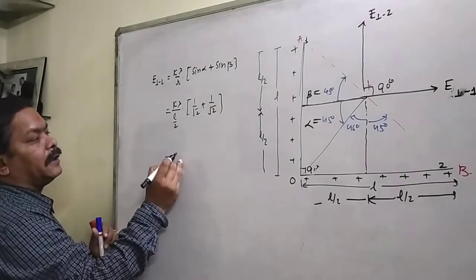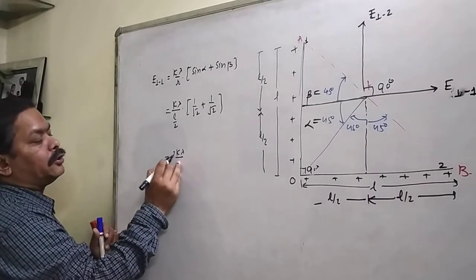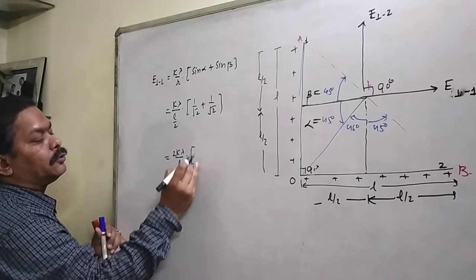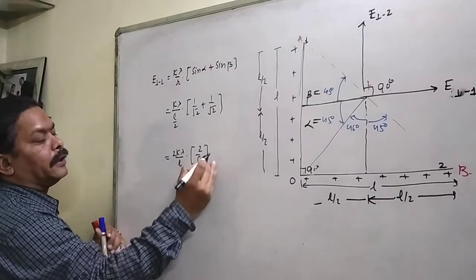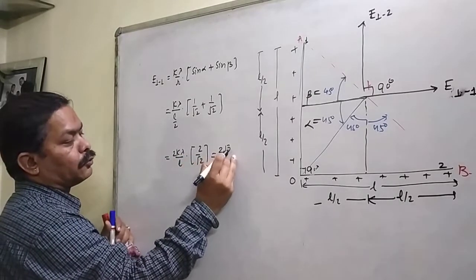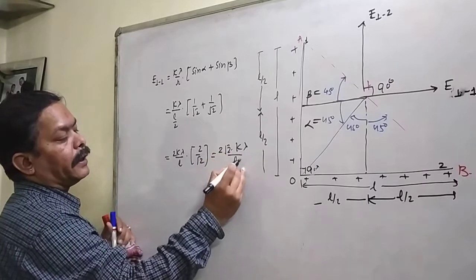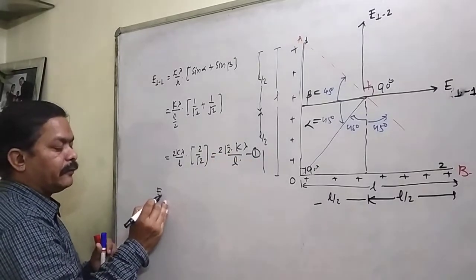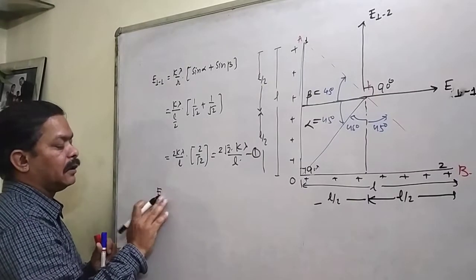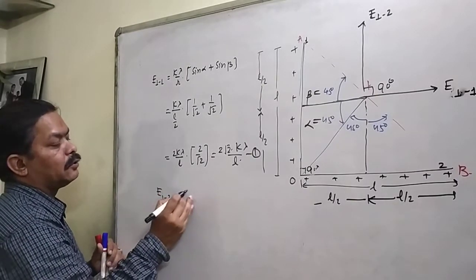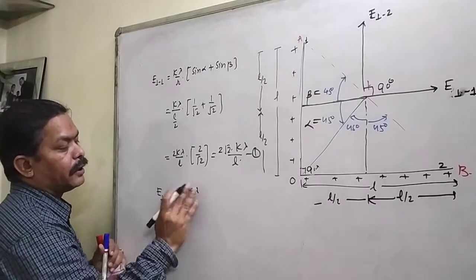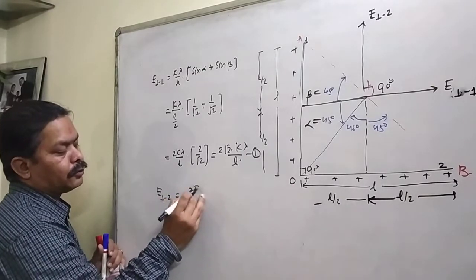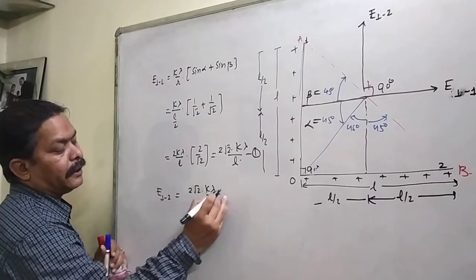So you will see 2K lambda upon L into 2 upon root 2. So it is 2 root 2 into K lambda upon L. This is equation number 1. Similarly, for wire 2, if you use the calculation, you get the same magnitude: 2 root 2 into K lambda upon L.